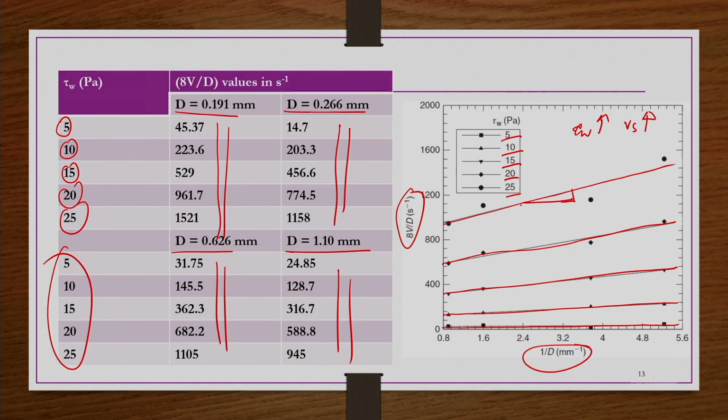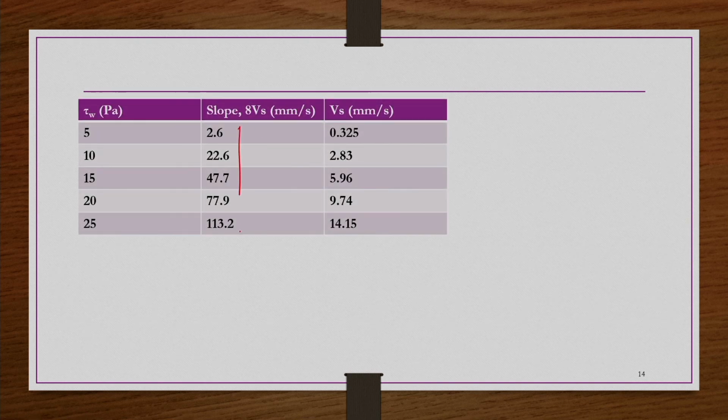Now, for each of these curves you find out the slope. That is nothing but 8Vs. So, that slope value for each tau W is tabulated here, and the corresponding Vs you can see. Now, in mm per second, the slip velocity can be as much as 14, 15 mm per second.